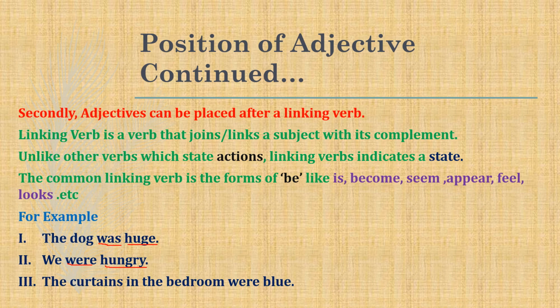The last example, the curtains in the bedroom were blue. Blue is an adjective, and as you can note, it appears at the end of the sentence, but in front of it we have the linking verb were.